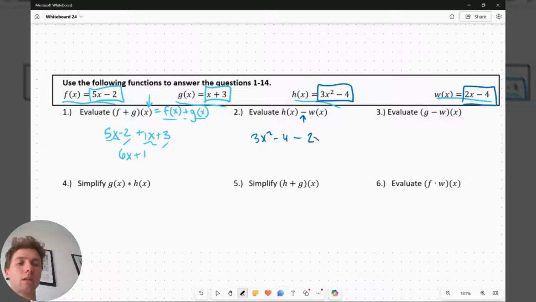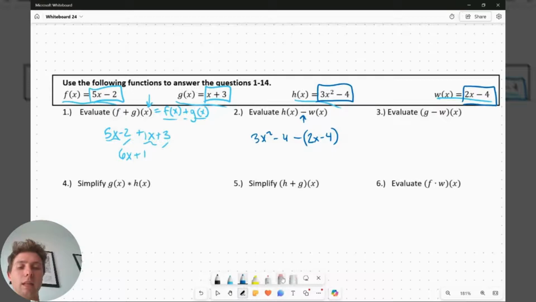W is 2x minus 4. And based off of how the addition problem worked, you would think this is the correct setup. However, one thing that is very important is when you are subtracting functions, subtraction is something that affects everything. So I need to subtract the entire 2x minus 4, and that is shown using parentheses.